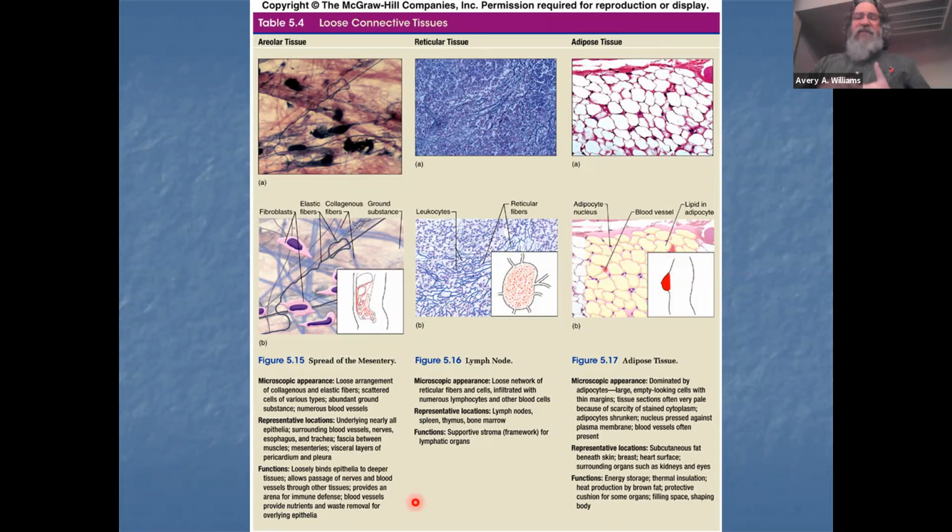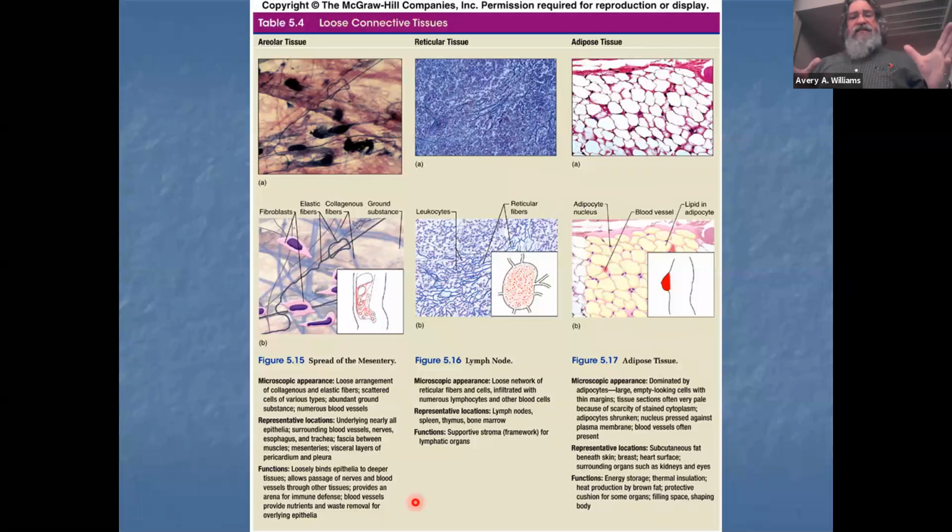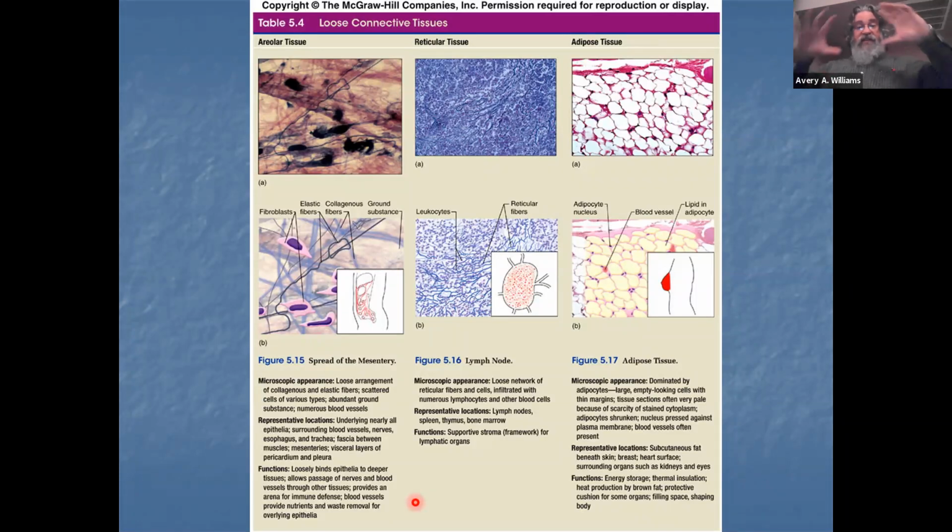And then the lamina propria has different names and different structures. For example, in the skin, we haven't talked about this yet, unless you're in my lab, you have epidermis and dermis, and then the dermis itself is stratified into two layers. There's a papillary layer and a reticular layer.